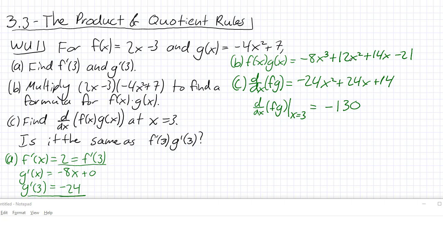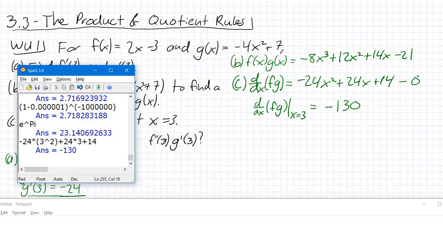And then if you take the derivative of that using the power rule, you get negative 8 times 3 is negative 24 times x to the power 3 minus 1, which is 2, and then 12 times 2, which is 24, times x to the power 2 minus 1, and then the derivative of 14x is just 14, the derivative of 21 is 0, so you get that, and then I plugged in x equals 3 into that with my calculator here, and got a result of negative 130.